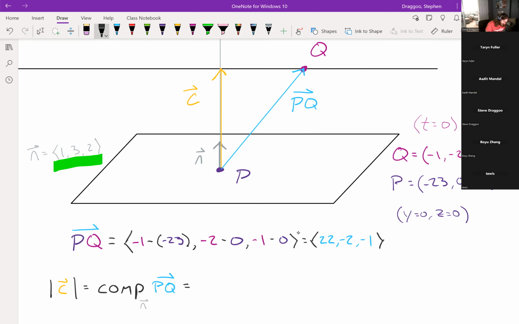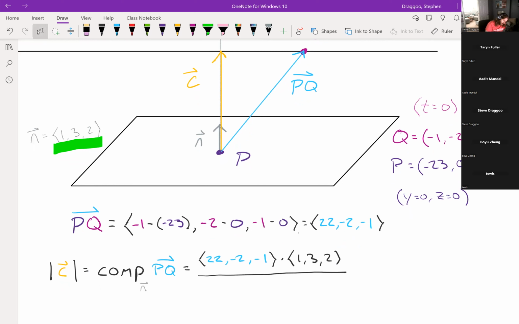So I want the dot product of 22, -2, -1, and that normal vector 1, 3, 2, divided by the magnitude of that direction vector. So 1 squared plus 3 squared plus 2 squared.